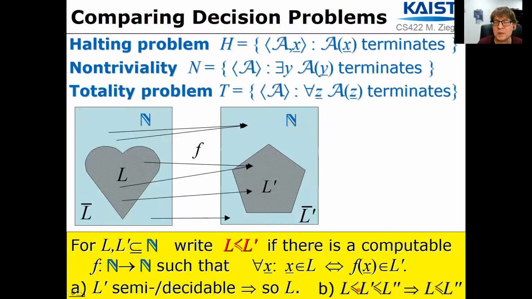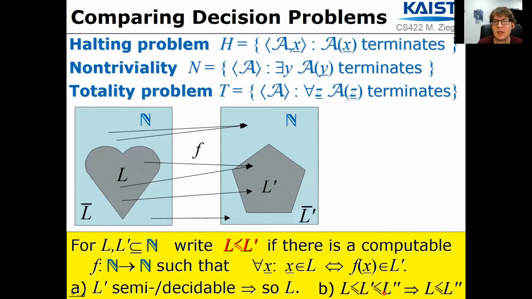So let's prove this second property, transitivity. That means there exists a computable function F that translates the positive instances of L to positive instances of L prime. And then there exists another total computable function, let's call it G, that translates positive instances of L prime to positive instances of L double prime.